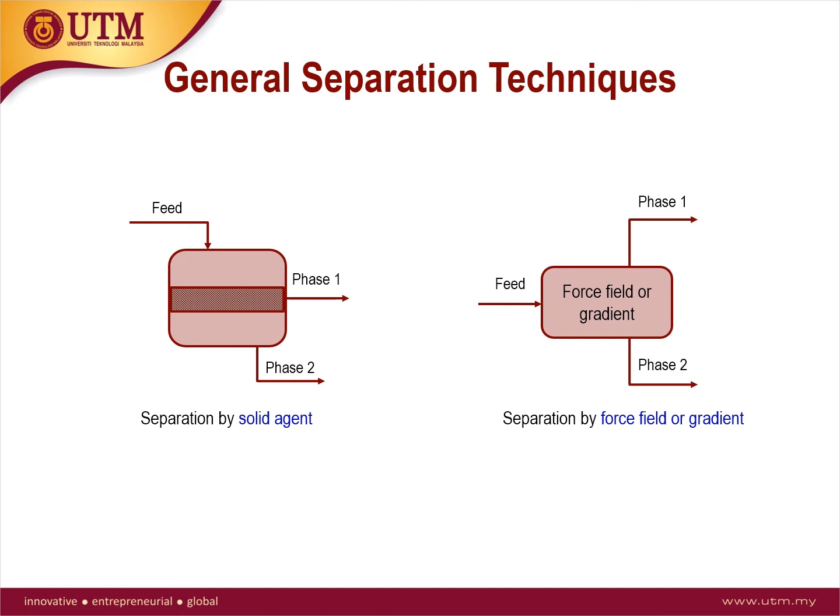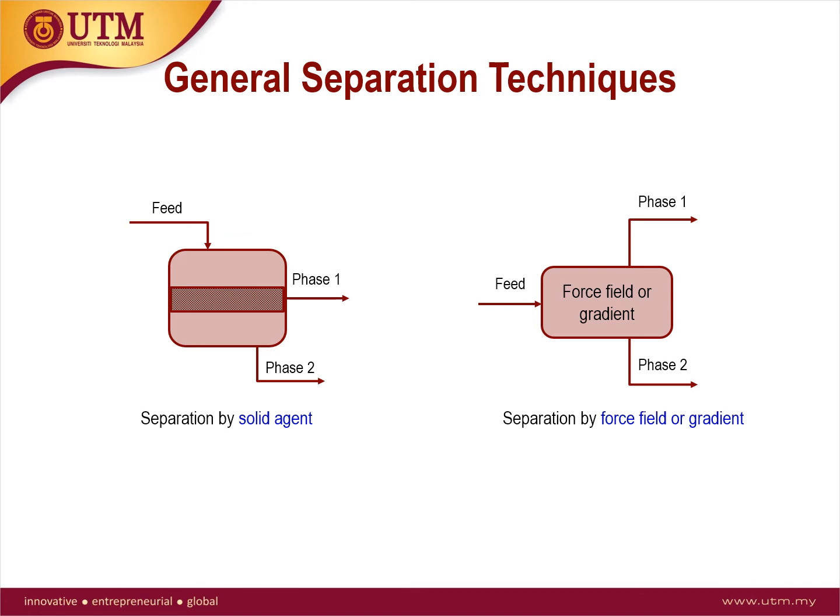The second example is electrolysis. For electrolysis, it uses an electrical force field in order to accumulate the anions and cations at the specific poles, so-called cathode and anode.